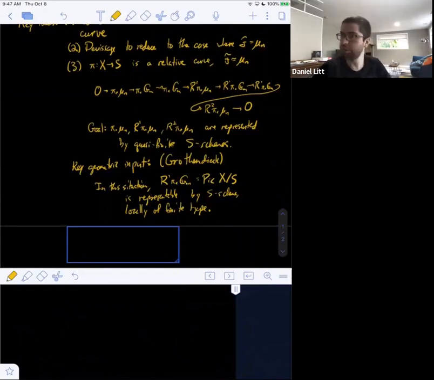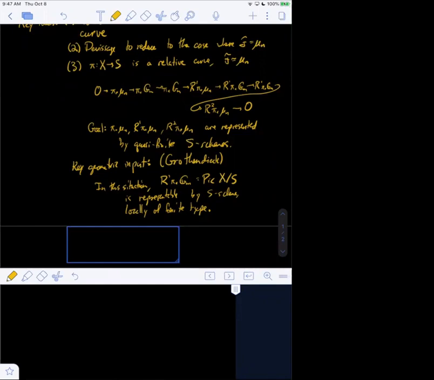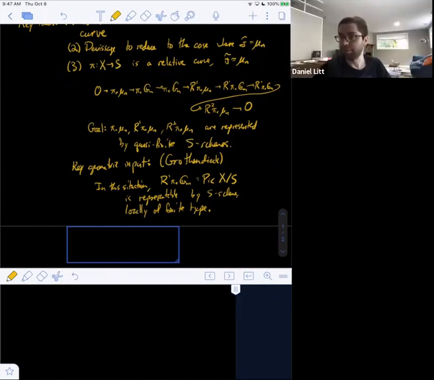So for example, if you have a smooth projective curve over a field, what is this? If you're over an algebraically closed field, at least, it's a disjoint union of copies of the Jacobian, one for each integer. What are the assumptions we're using here for this fact? A proper relative curve. Okay, thanks.